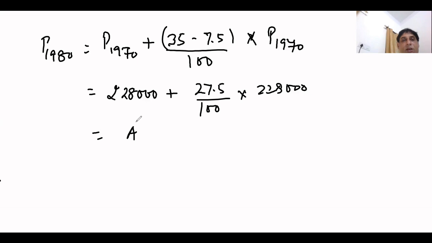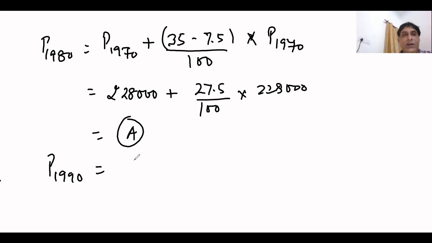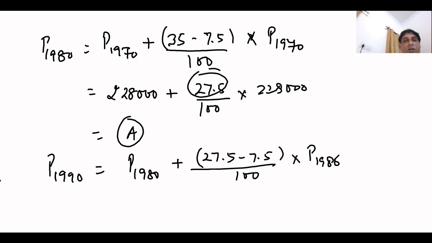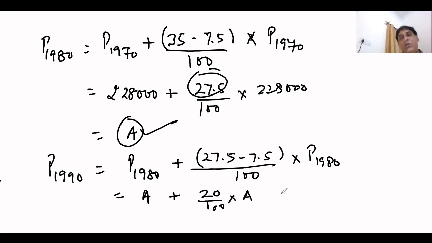You get the population as A. Now, if the population of 1990 is to be calculated, it will be population of 1980 plus this value 27.5 minus 7.5 by 100 into population of 1980. Now the population of 1980 is A. So it would be A plus 20 upon 100 into A. You get the population of 1990 as B, right?